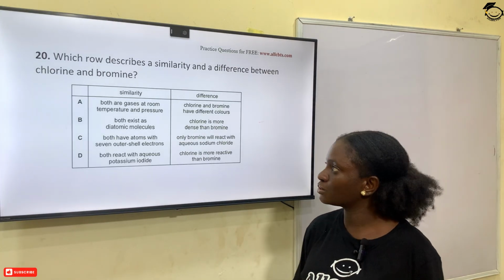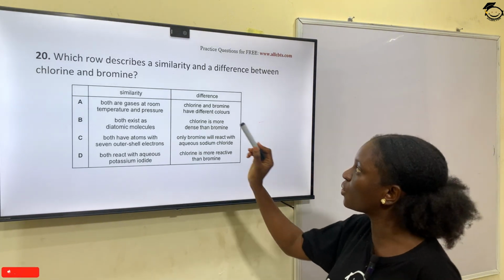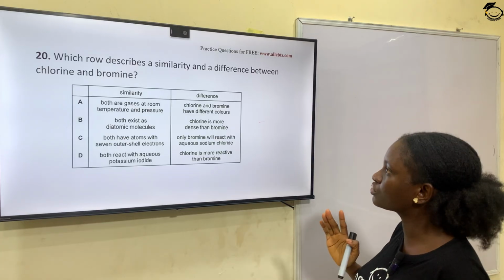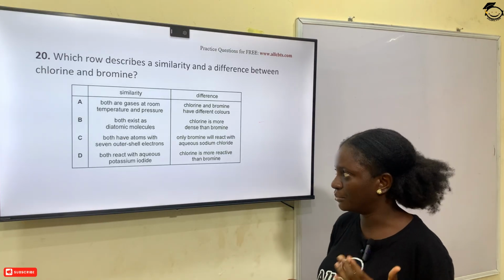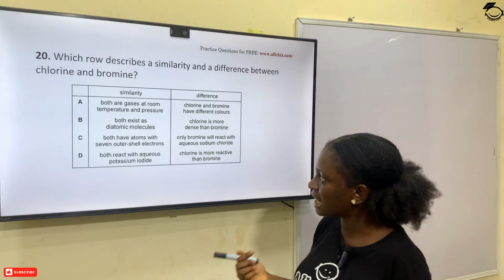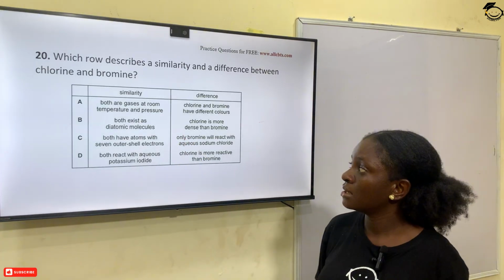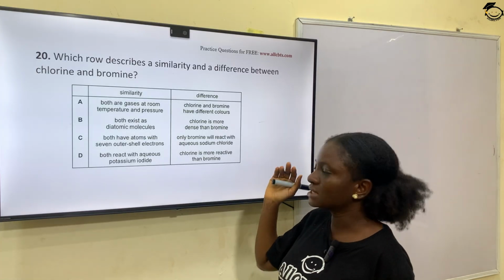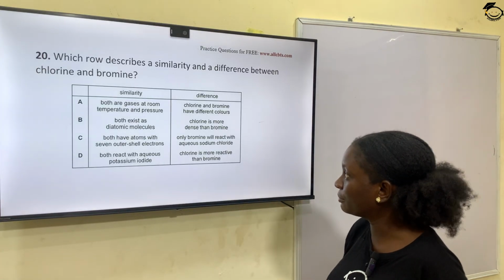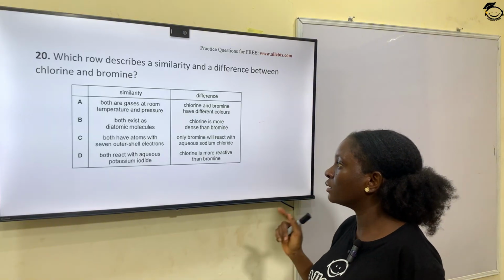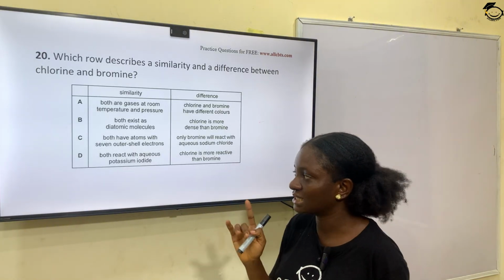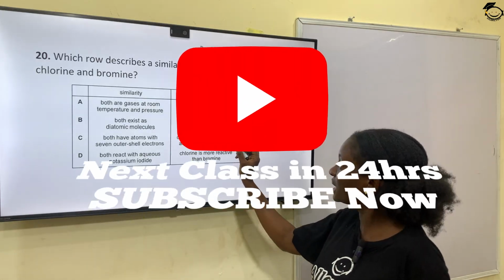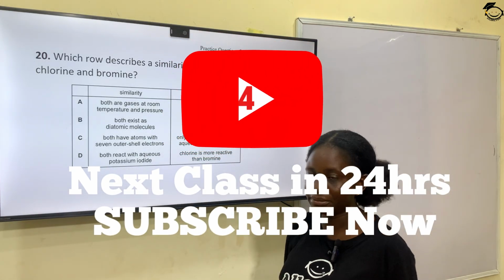Next question, 20. Which row describes a similarity and a difference between chlorine and bromine? For similarities, option A says both are gases at room temperature and pressure. The difference is that chlorine and bromine have different colors. Option B says both exist as diatomic molecules, but the difference is chlorine is more dense than bromine.